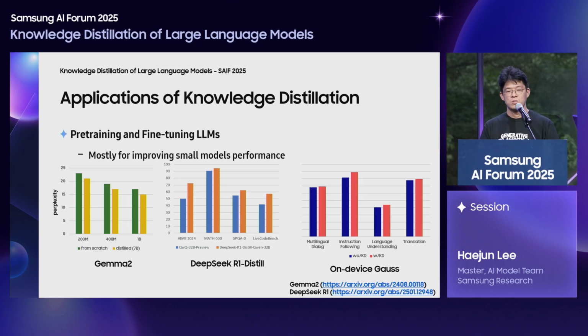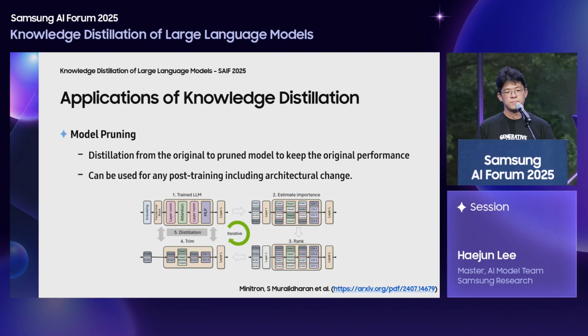We also have Gauss model for on-device and Gauss model for cloud. For the on-device model, we use knowledge distillation from the cloud-based Gauss models. As you can see on the right-hand chart, overall performance has been improved consistently.